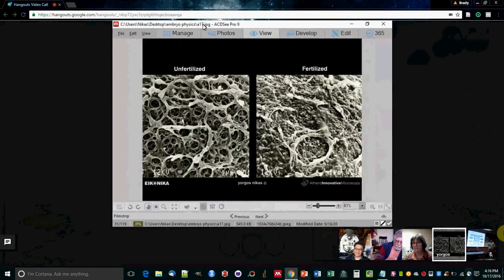And these have proteolytic enzymes that immediately change the zona pellucida from fenestrated, as you see here on the left, to a compact one, as you see on the right. When I published this, the referee asked how I know it's not an artifact.